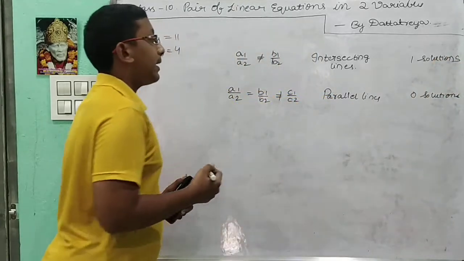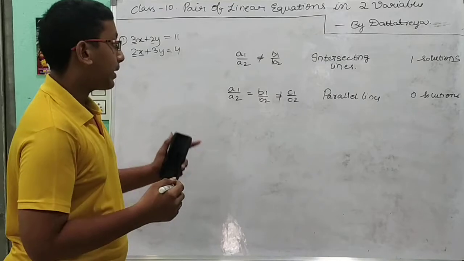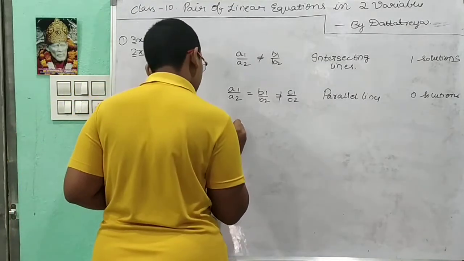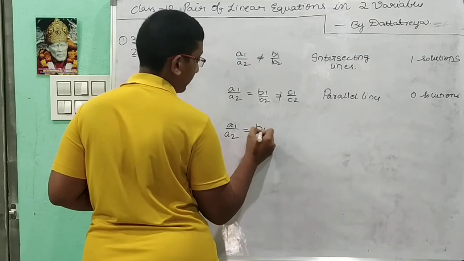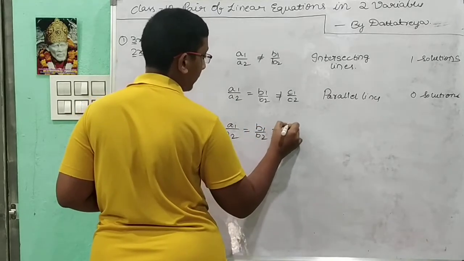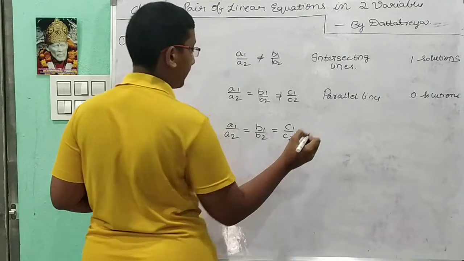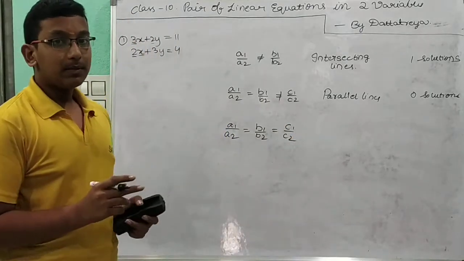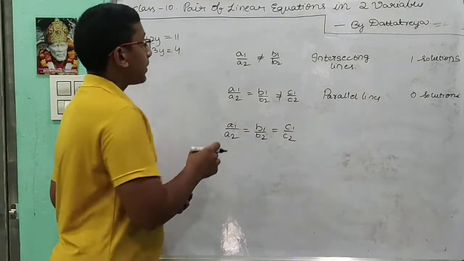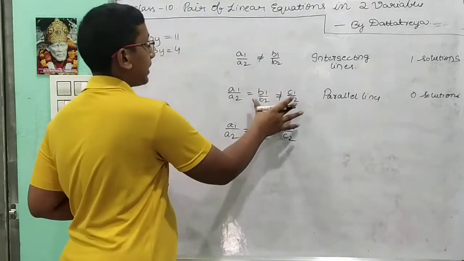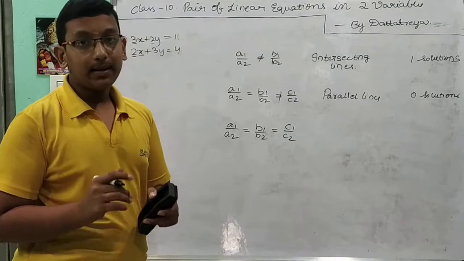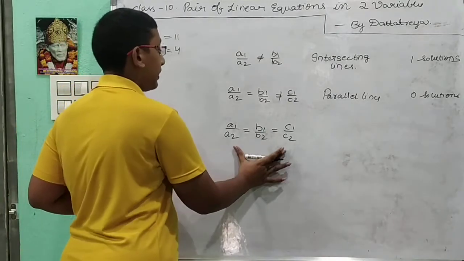And our next ratio is A1 by A2 equal to B1 by B2 equal to C1 by C2. If you observe the before two ratios, in the first it is not equal, in the second it is not equal, but in the third all are equal.